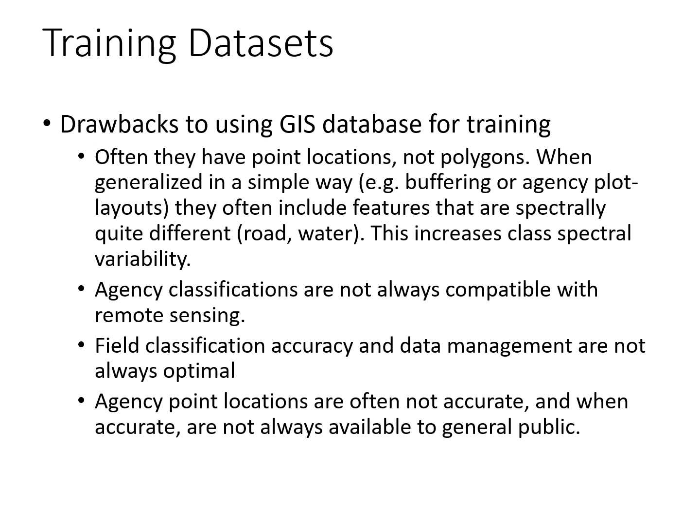So if you just want to generalize the point to a polygon, for instance, if you have the agency's plot layout, which might consist of several circular areas that data will be collected in for a particular plot type, and you generalize your point to that polygon in a simple way, you're often going to have features in there that are spectrally quite different, like road or water.